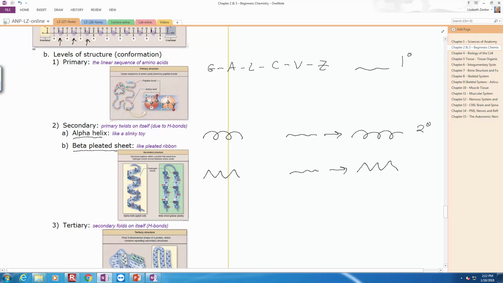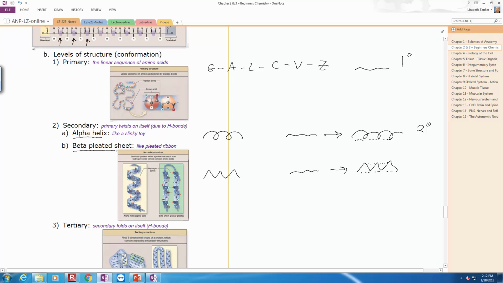The reason that they get into these structures is because of hydrogen bonds. So remember, we said hydrogen bonds are a weak interaction, but they're important. So how do we show a hydrogen bond versus a covalent bond? Hydrogen bonds are dotted lines. So it would be like this, dot, dot, dot, dot, holding those coils, or dot, dot, dot, holding the beta pleated sheets here.